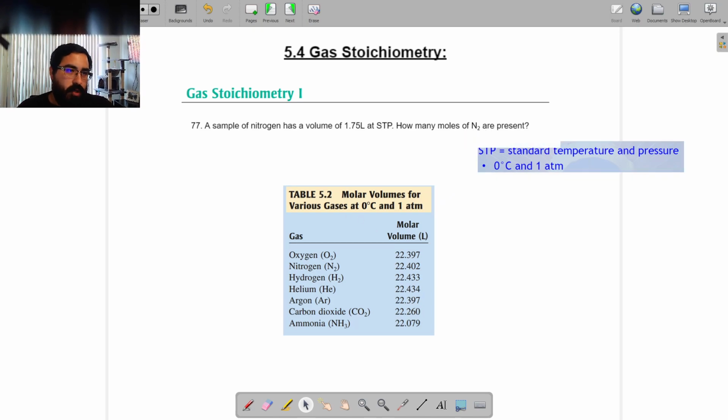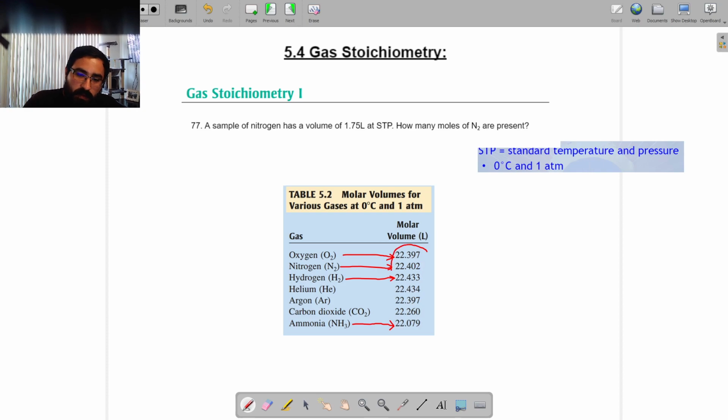And the molar volume is the volume of a gas when you have 1 mole of that gas. So if you have 1 mole of oxygen, it'll take up that volume, 22.397. 1 mole of nitrogen, 22.4. Hydrogen, etc. All the way to ammonia, that takes 22.07. So 1 mole of this is 22.079 liters.